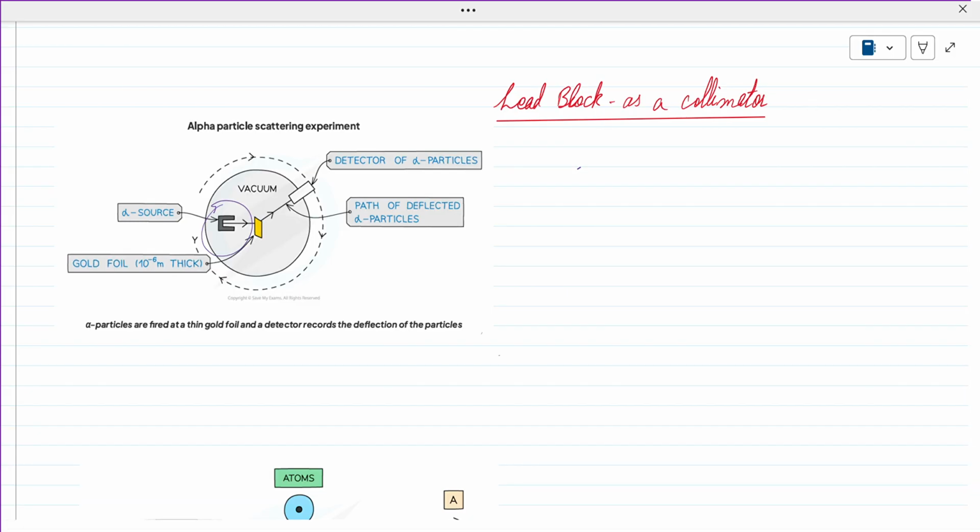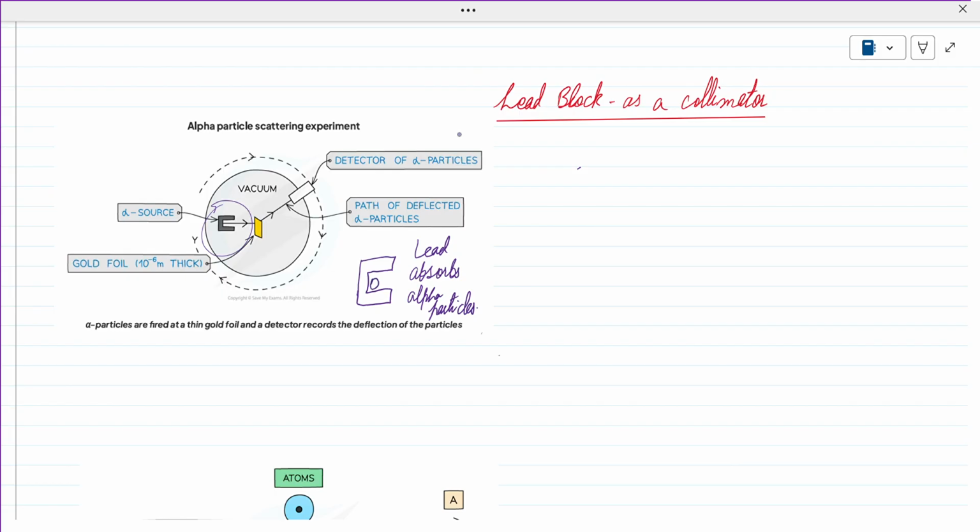See, this is a lead block that is used. Lead basically absorbs alpha particles. It also absorbs beta and gamma particles, but here we are discussing alpha only, so I'm just writing alpha particles here.